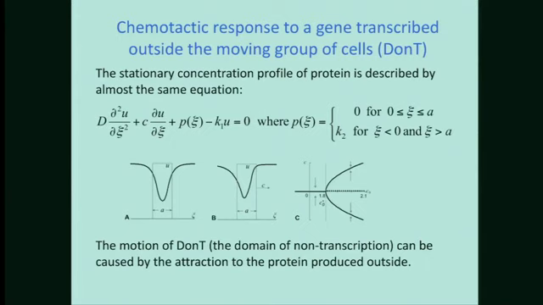Everything is exactly the same if we assume that there is a chemical which is produced outside. Then it will be this kind of profile: a very high level of this U outside of this group of cells, and inside, due to decay, it will be lower.